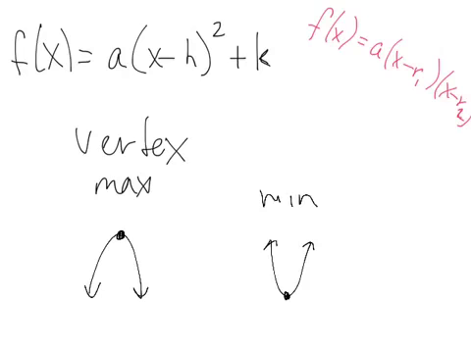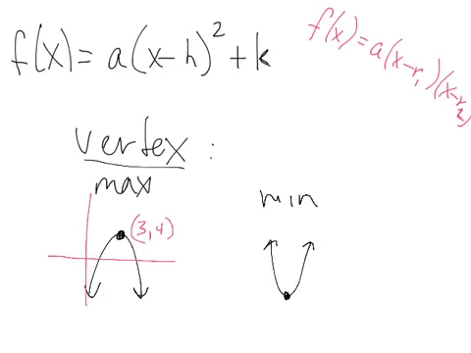What else did we talk about with maxes and mins? There were some other little things that I mentioned. The y value, or the range, is restricted. Good. The range of a function is always restricted for quadratics based on the max or the min. So if this point was 3, 4, what would my range be for that graph?